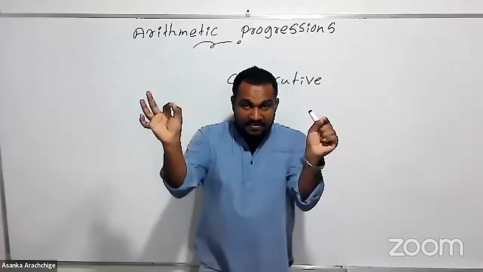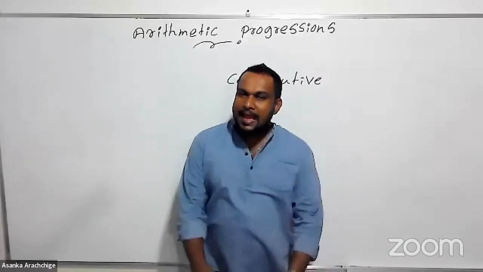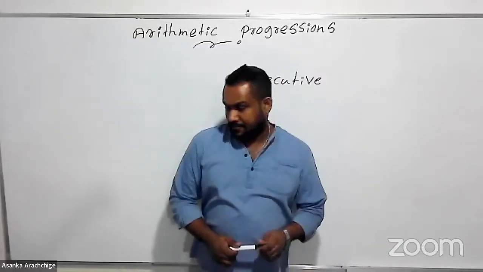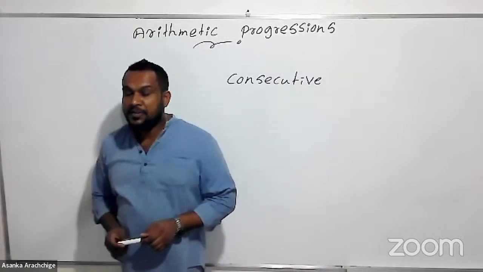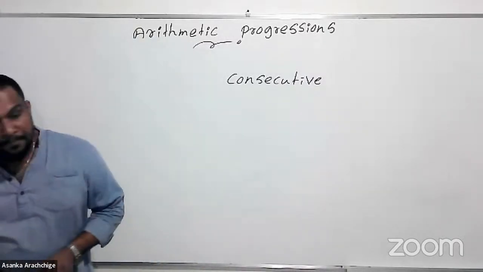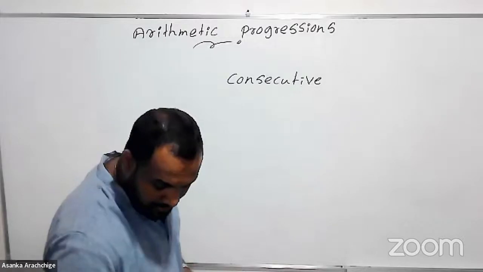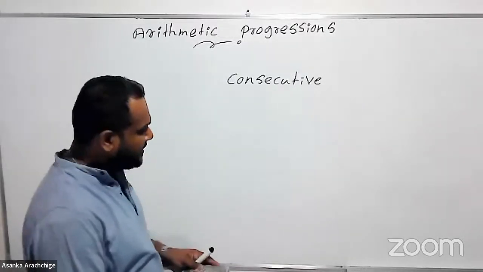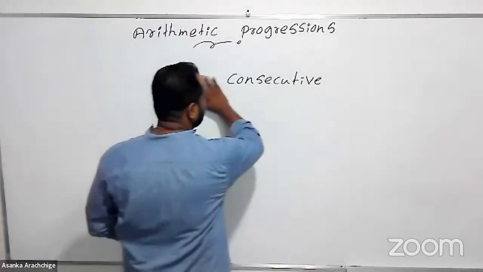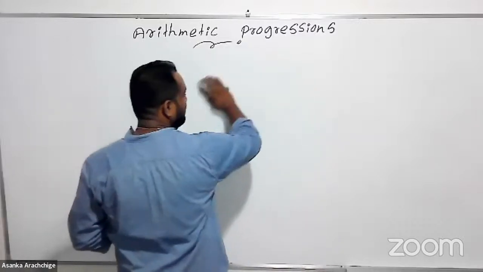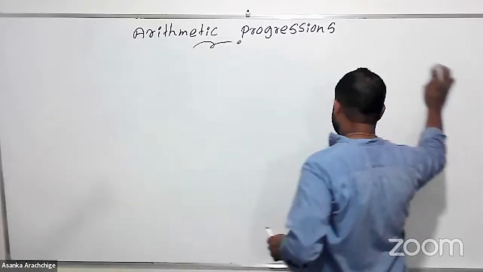Take down within inverted commas: is called arithmetic progression.